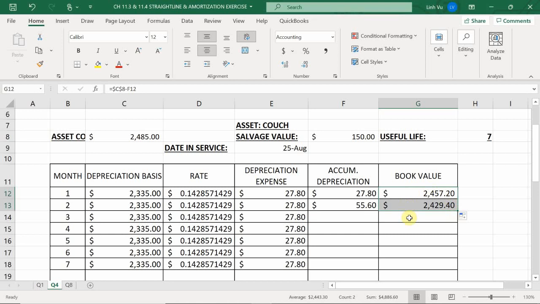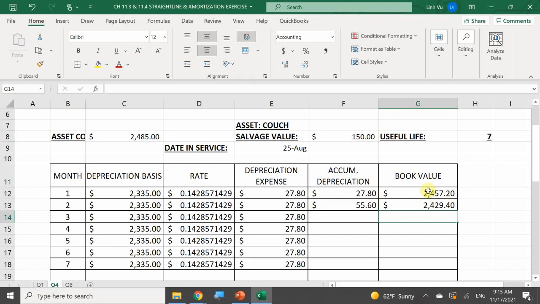I don't know what it is. Okay, remember, it's always going to be this number up here, 2485. And again, when you do the next depreciation, you don't take the one above. You continue to take the asset cost of 2,485 and you're subtracting the 5560. Oh, okay. Yeah. Okay.